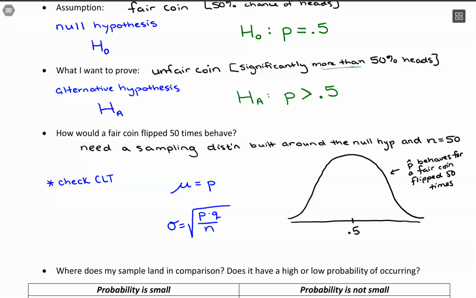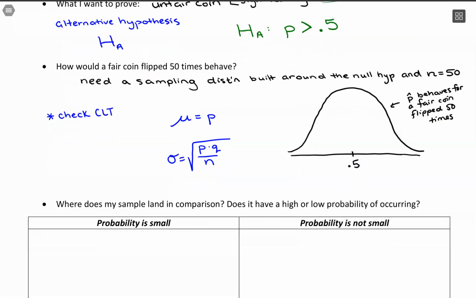So then we get this idea of what are likely outcomes in terms of flipping a coin 50 times, and then what are unlikely outcomes. So once we get this distribution, then what we can do is see where our sample lands. So we have this idea of how a fair coin flipped 50 times behaves, and then we want to see how my sample lands in comparison.